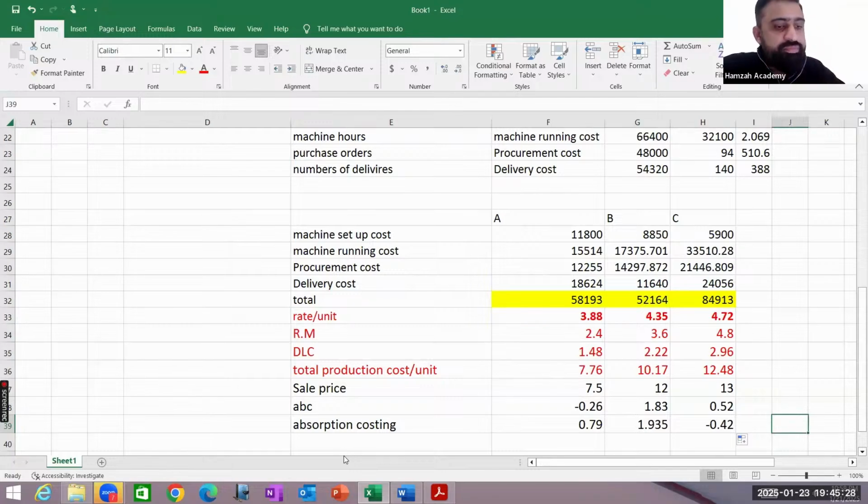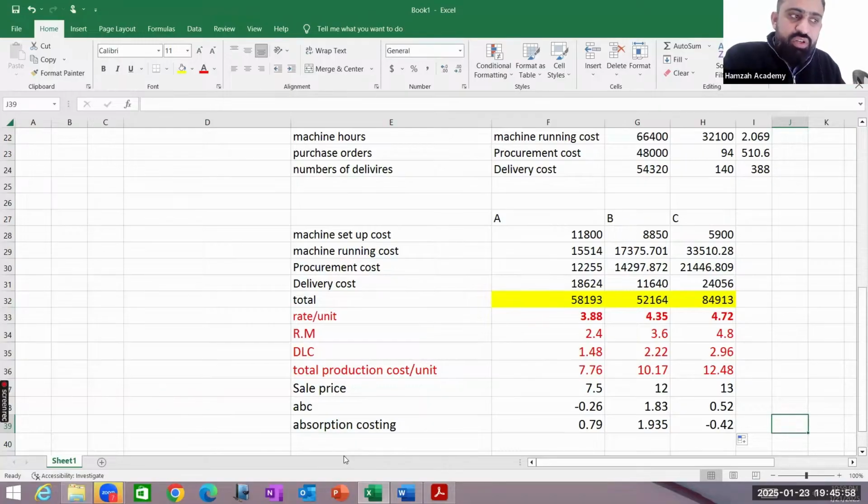Now it would be easy for us to assess how ABC is more useful to improve the profitability of each product. First of all, in an absorption costing system, there is a limitation. The absorption costing system does not recognize that different products use the overhead with different patterns.